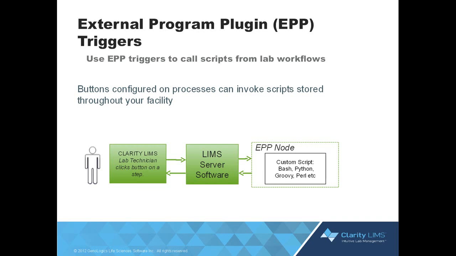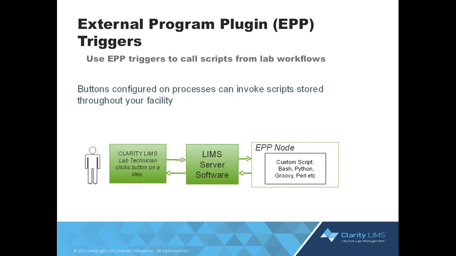So essentially we can have buttons configured at the process level which can invoke scripts, which can be stored on the LIMS server themselves, or they can be stored throughout your facility, because the idea is that the EPP node can be installed multiple times wherever it needs to be.